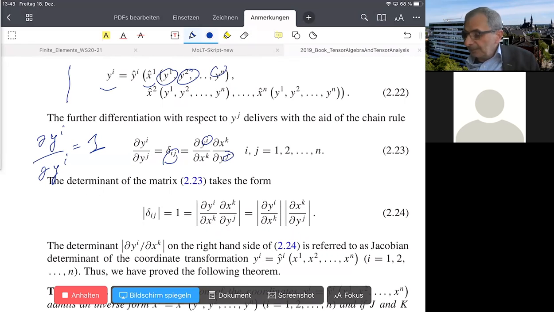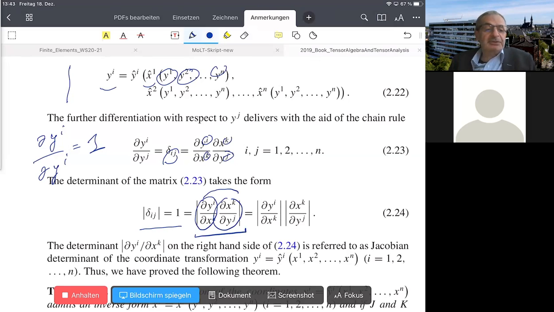Now, what I do, I take the determinant on both sides of this expression, and you see this delta is the unit matrix. If I take the determinant of this delta, it is 1. And here I take the determinant, but then I realize that this matrix is a product of two matrices, this one and this one, because I sum up over the second index here and the first index here.